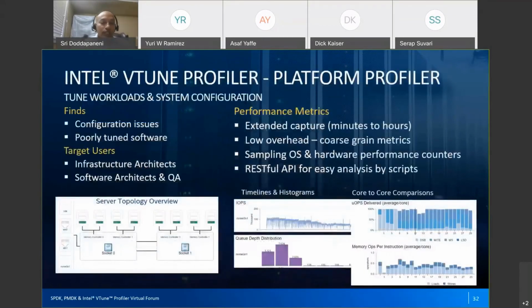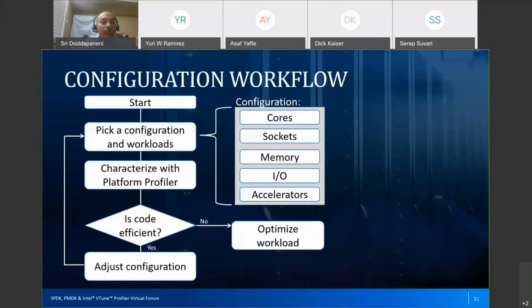So maybe a few words on the configuration workflow. We didn't go through this before. In this abstracted, cartoon-like workflow, you're picking a particular configuration of a workload. Basically, you have a workload with certain size inputs, whatever application or a bag of applications, and then some size of the workloads.